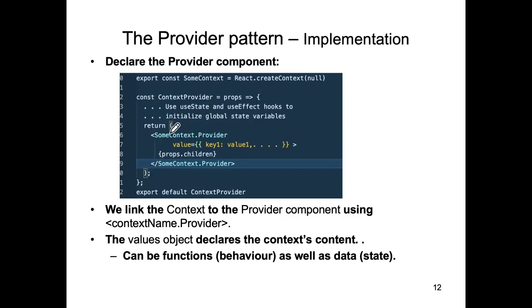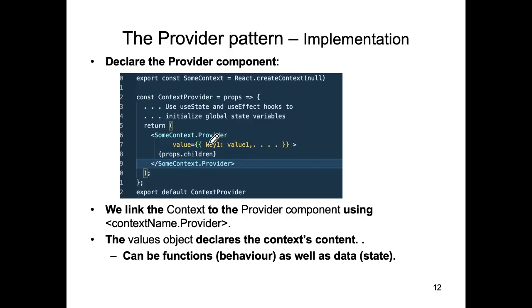This is a prop that I'm passing to context.provider, and I'm assigning an object to it with key value pairs. So the key value pairs here are determining what is stored in my context construct.